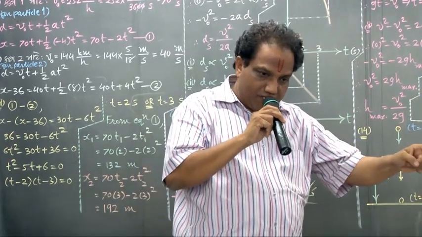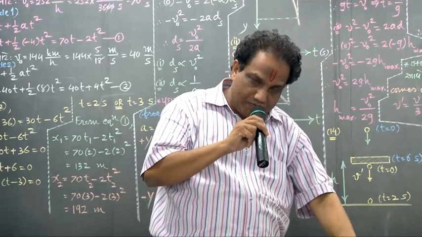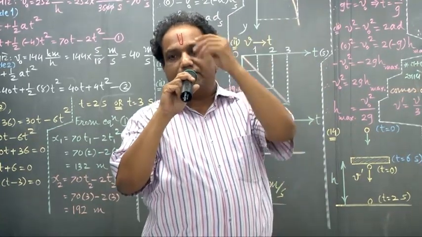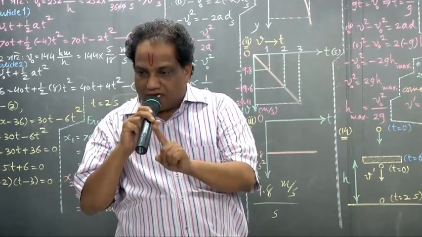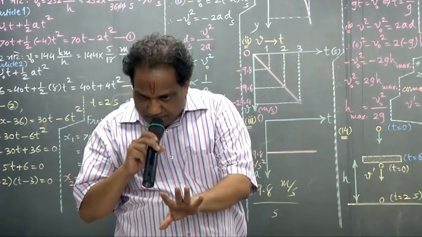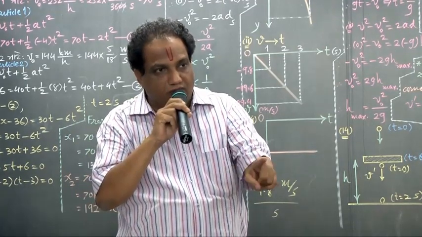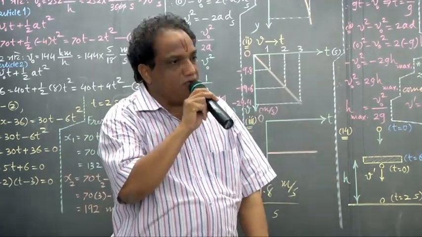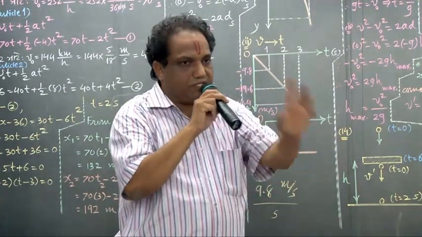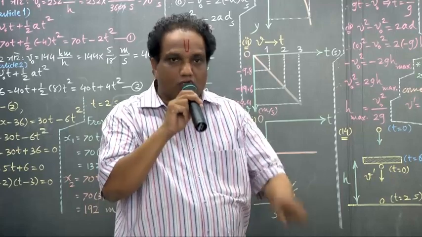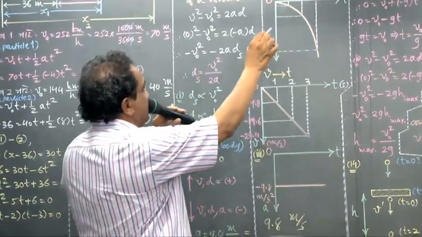It is that distance after traveling which the vehicle gets stopped. That's why it is called stopping distance: the distance covered by a vehicle after applying brakes and before getting stopped. It is shown by symbol DS.